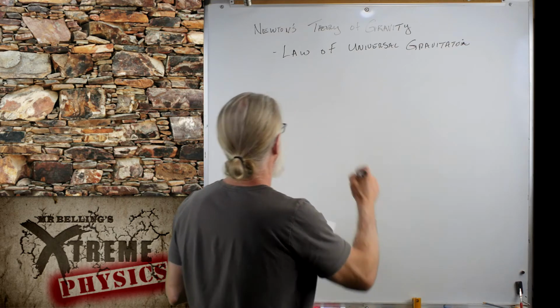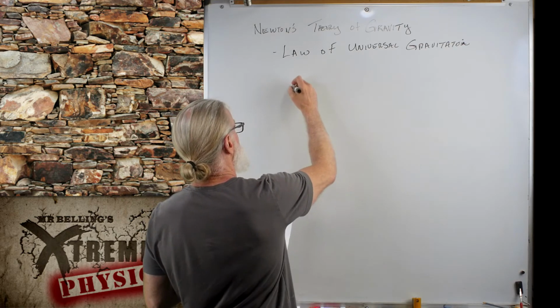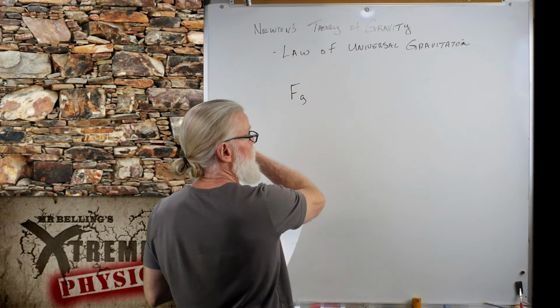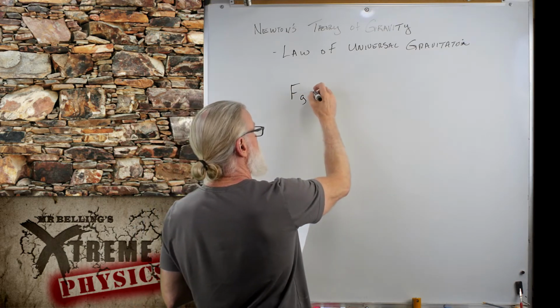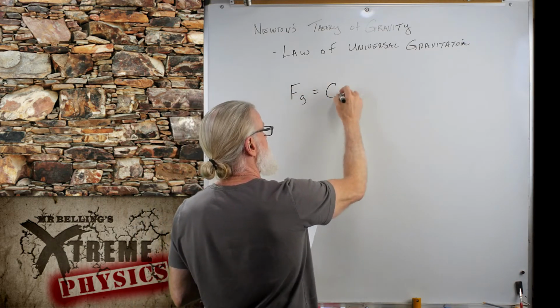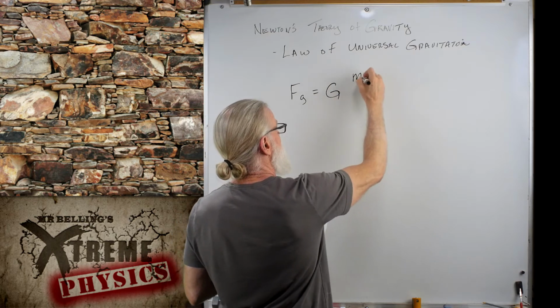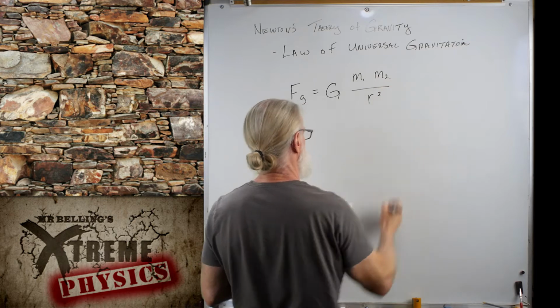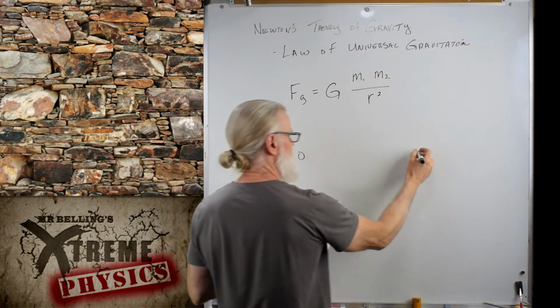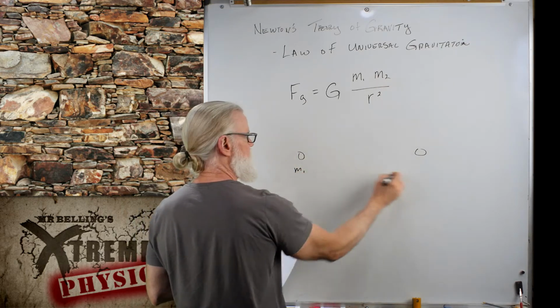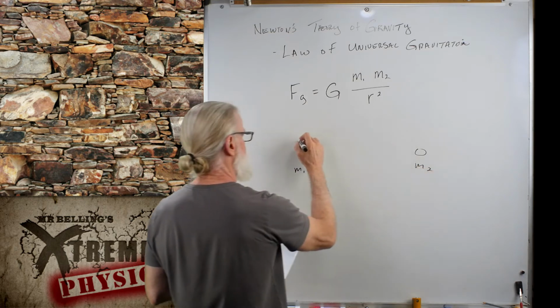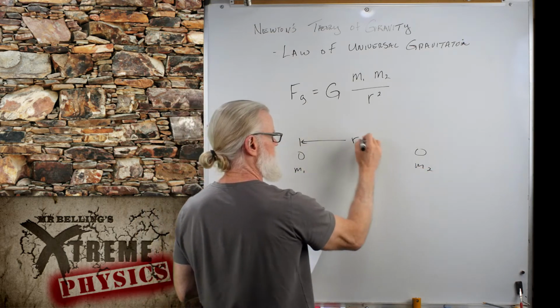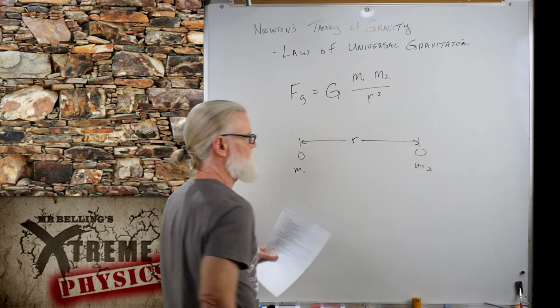So for any two objects, there'll be a force of gravity between them, and the force of gravity is a constant times the mass of the two objects divided by their separation squared. So if we had two objects, M1 and M2, and the distance between them is that.